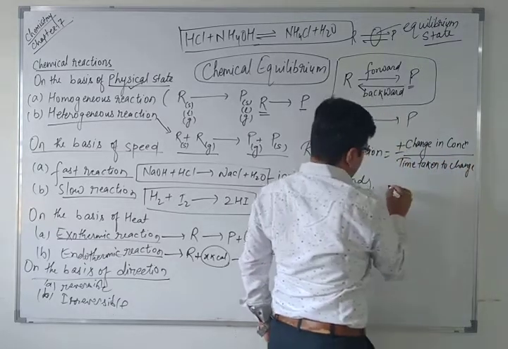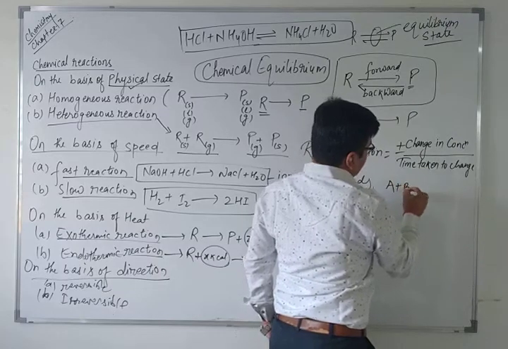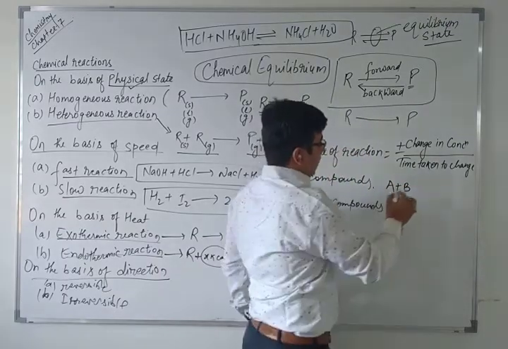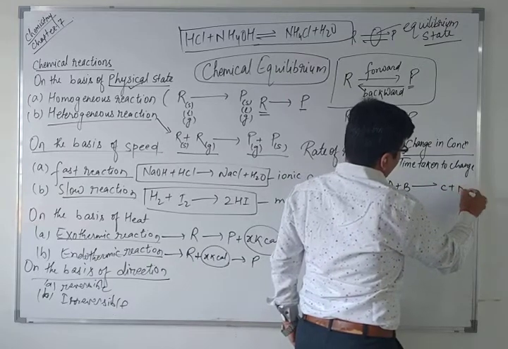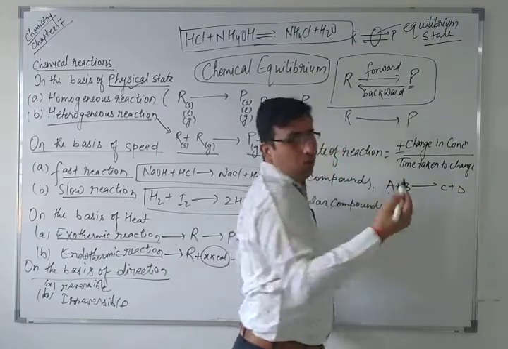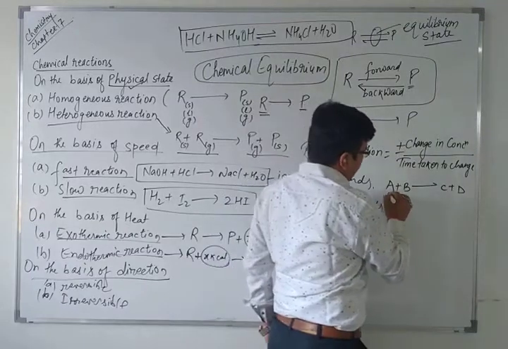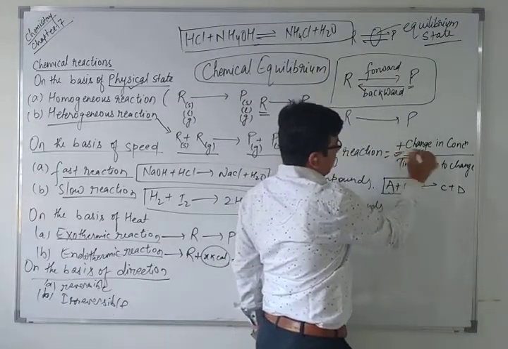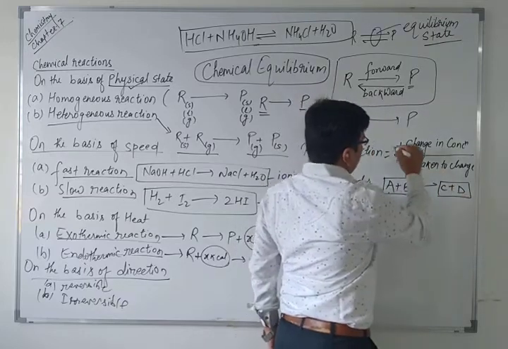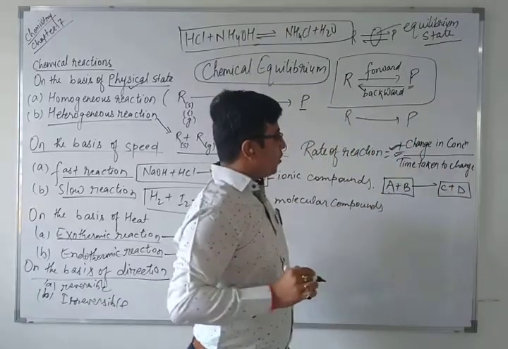You know very well, just suppose A plus B are the two reactants. When the reactants convert into products C plus D, A will be lost. So the reactant side will have minus, and the product side, since they are forming, will have plus.